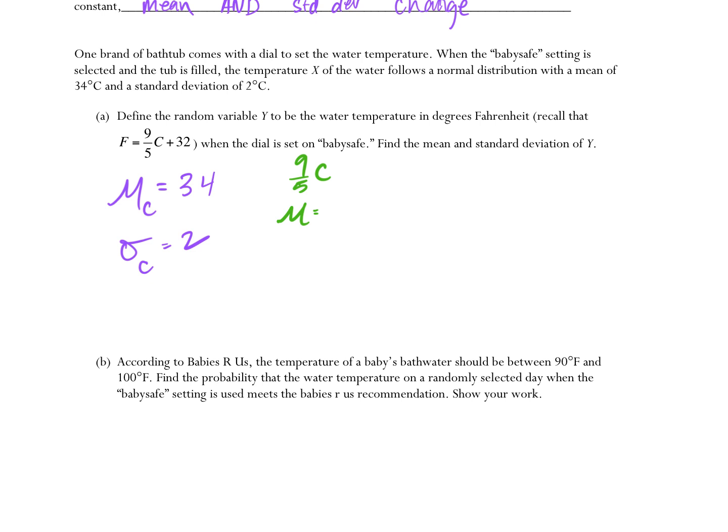If I multiply by that constant of 9/5, will my mean change? By multiplying by 9/5. So what is 34 times 9/5? 306/5, which is, 305 would be 61, so 61.2, yeah? And my standard deviation would be 3.6, yeah?